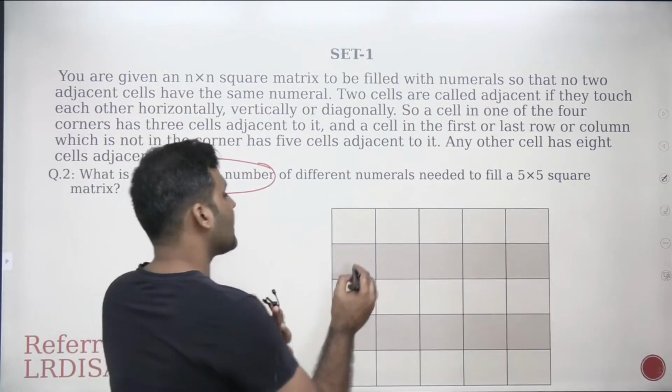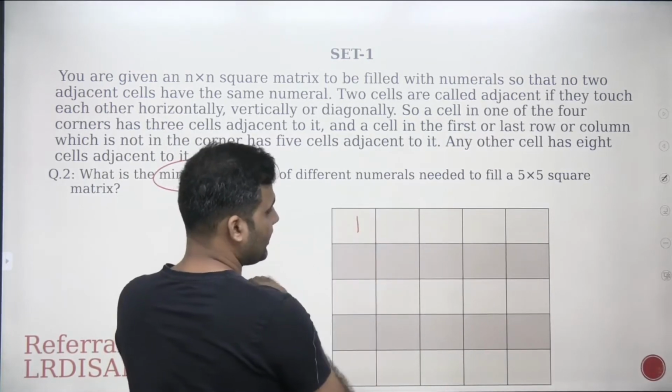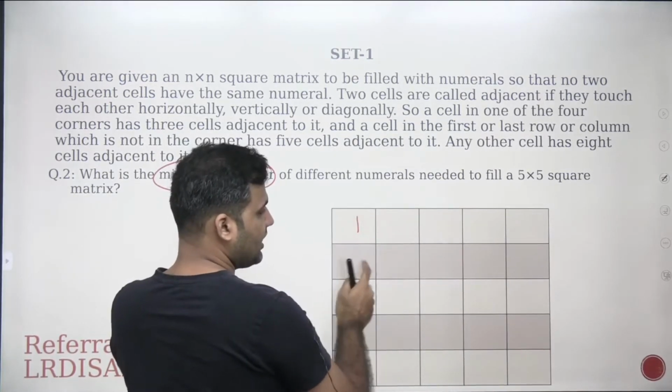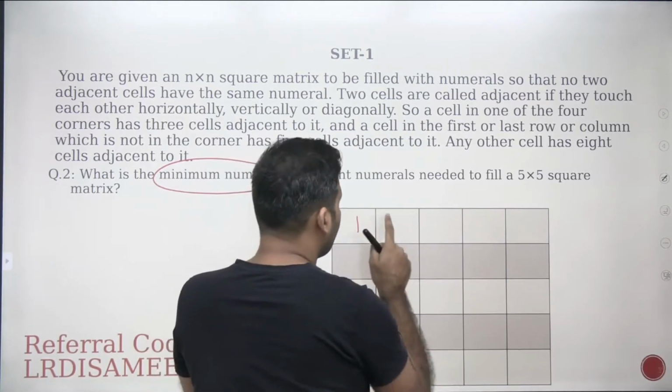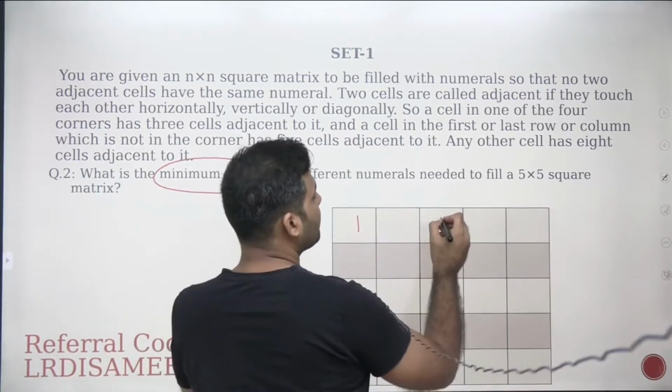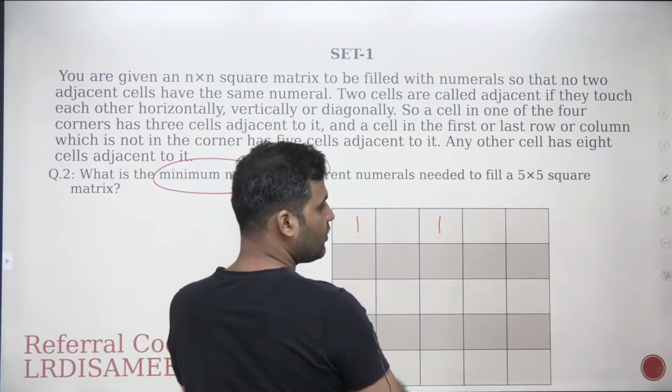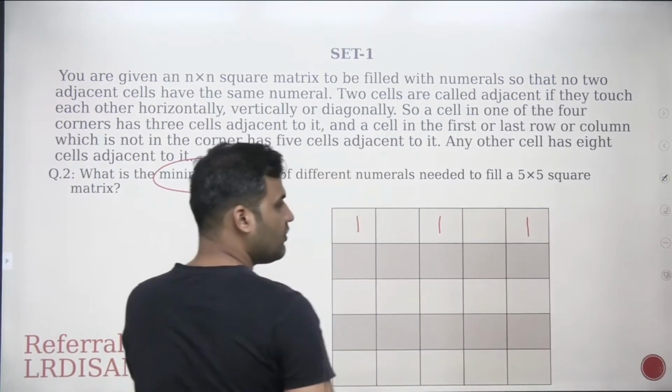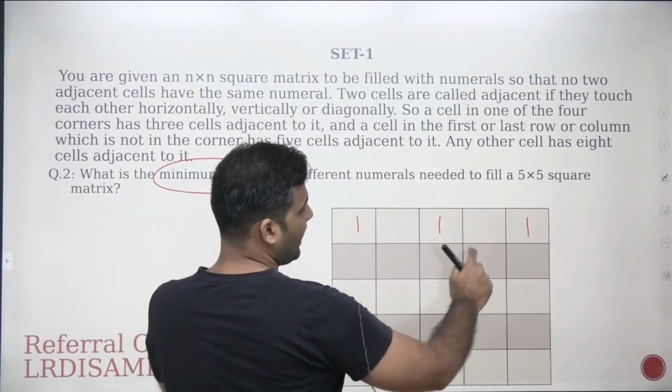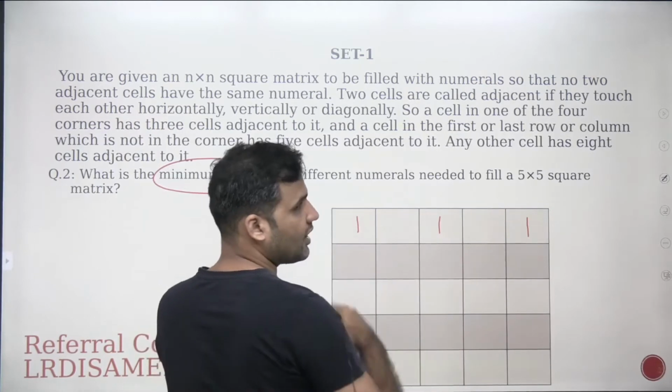For example, if I'm using the digit 1 here, now adjacent cell cannot have the same number. So if the adjacent cell cannot have the same number, this cell can be filled with 1. This cell can be filled with 1, right? I cannot fill 1 at these places, but I can fill 1 here, right?